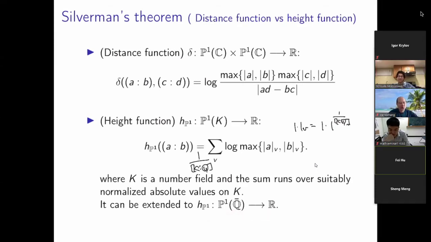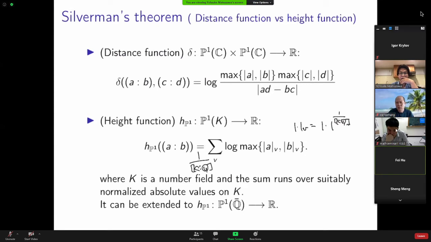If you divide by the degree, this is called the absolute logarithmic height function. If you don't divide by the degree, it's just the logarithmic height function.